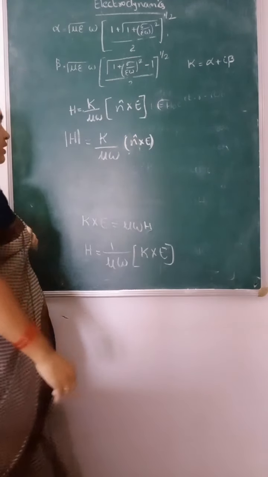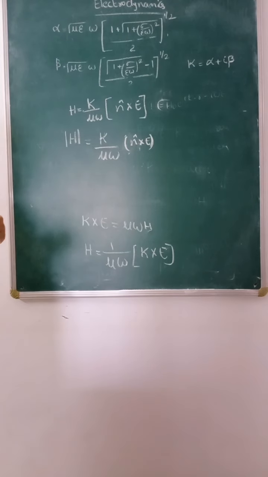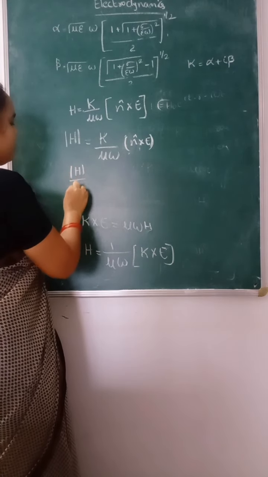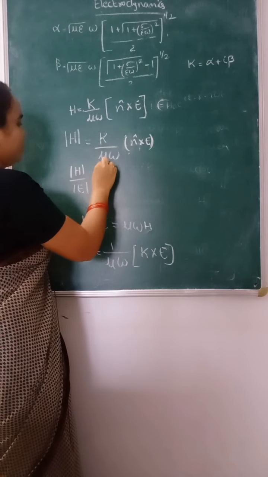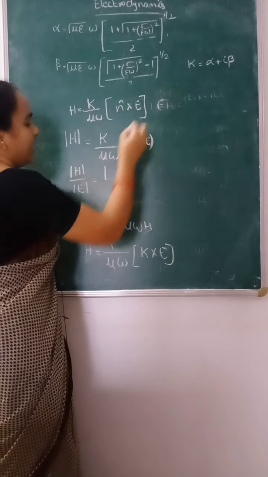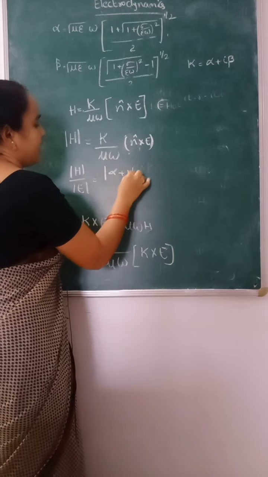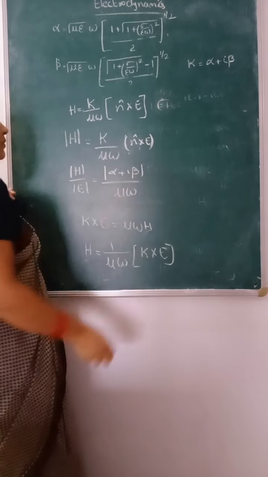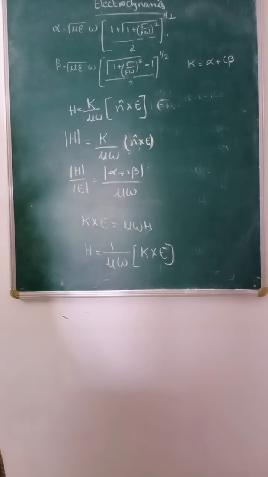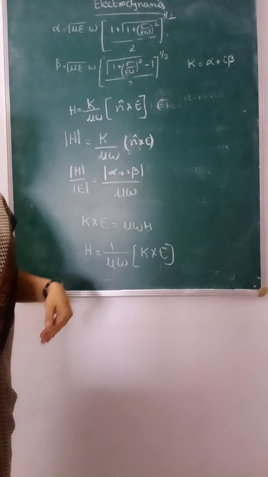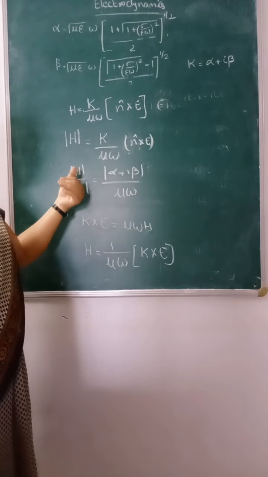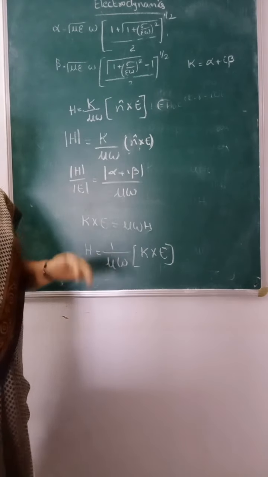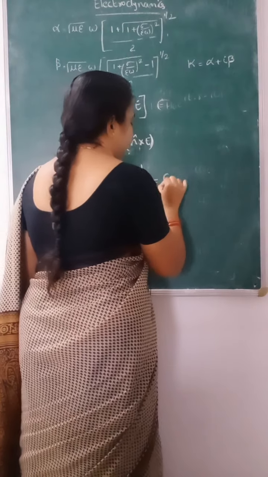Since K is not a real quantity, it is a complex quantity, we can write the modulus of H is equal to, what is K? Alpha plus i beta divided by mu omega. So in the previous classes, for plane electromagnetic waves, the ratio of E and H is real, but here the ratio of E and H is a complex quantity.